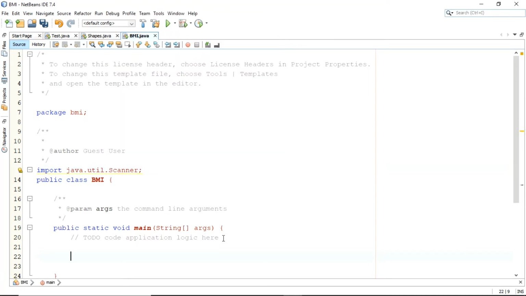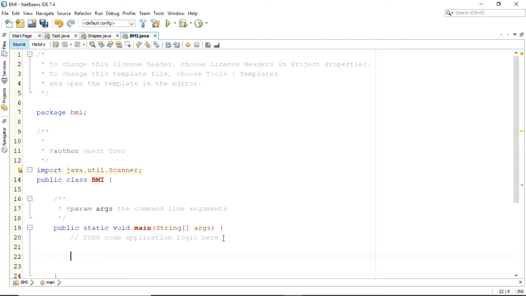So in the USA we use the pound system, and in most African countries we use kilograms, especially here in Uganda. So I want to do this program by translating the pounds into kilograms.